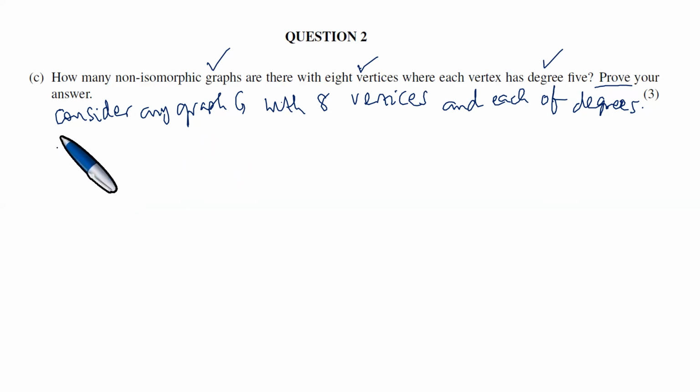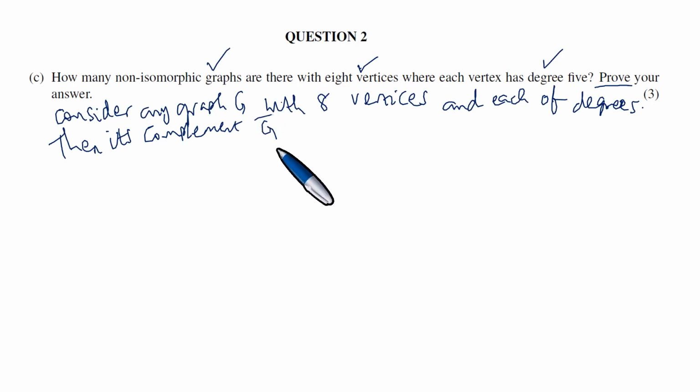It follows, therefore, that its complement, G complement, still has 8 vertices. So at this point, we note that its complement G bar still has 8 vertices.